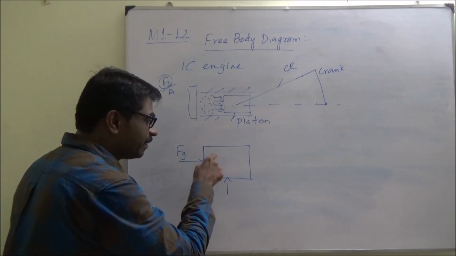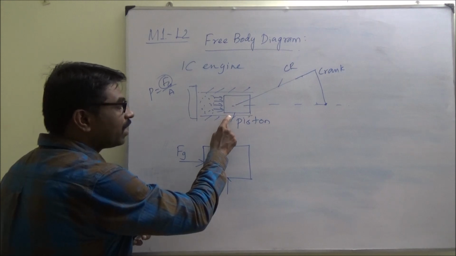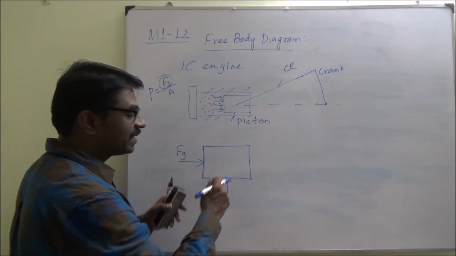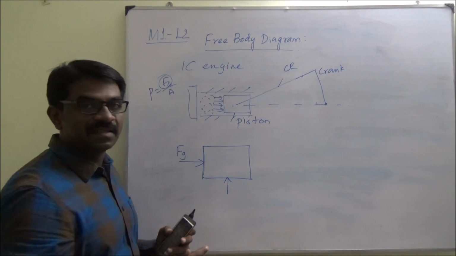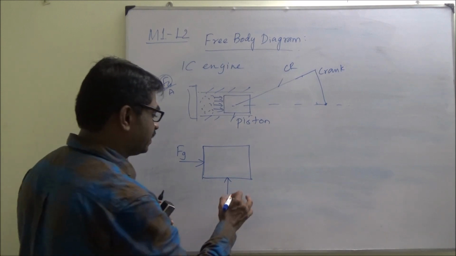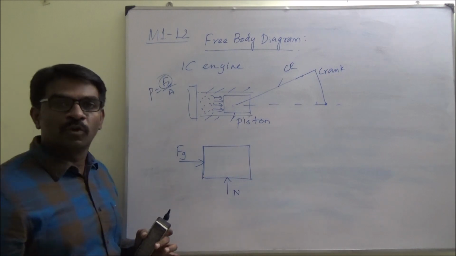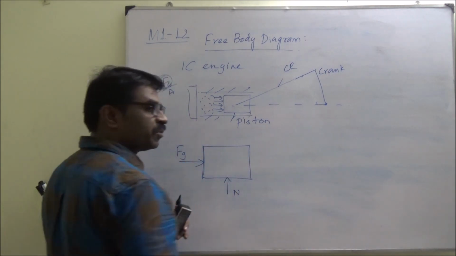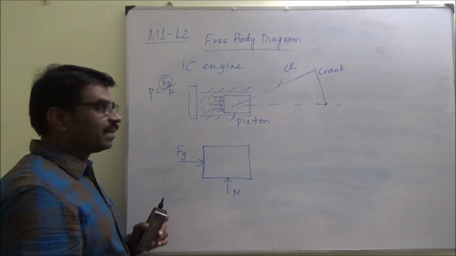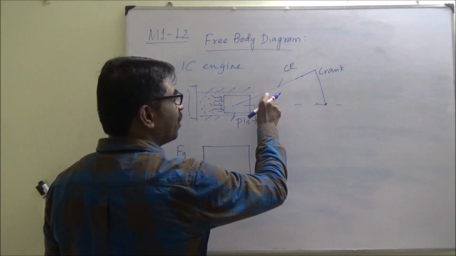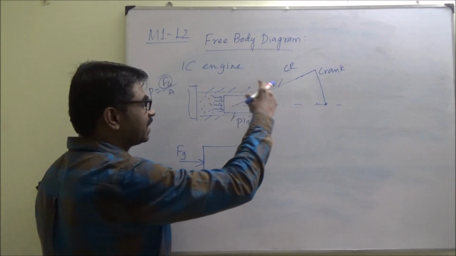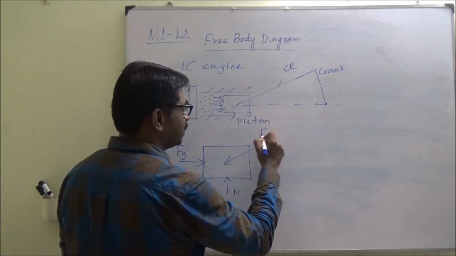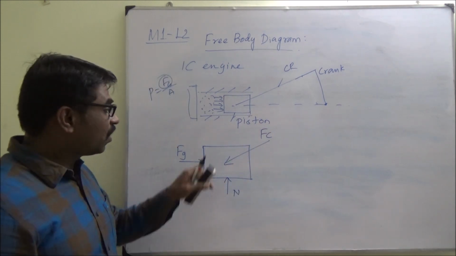So similarly, the cylinder wall exerts a thrust force on the piston in this direction, that we call the normal force. And then the connecting rod, it has a mass, the connecting rod will exert a force in this direction onto the piston.